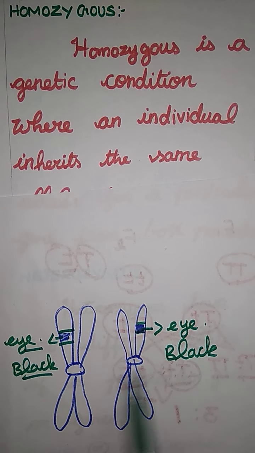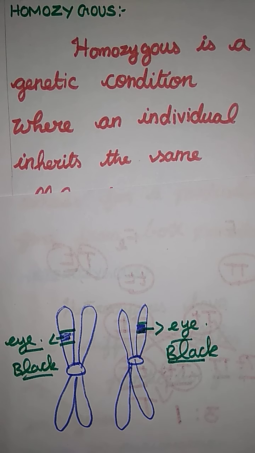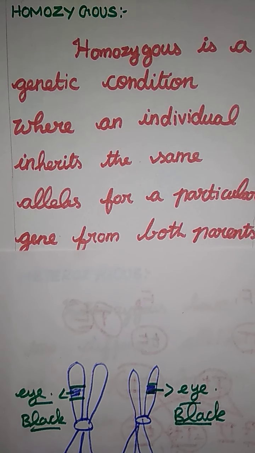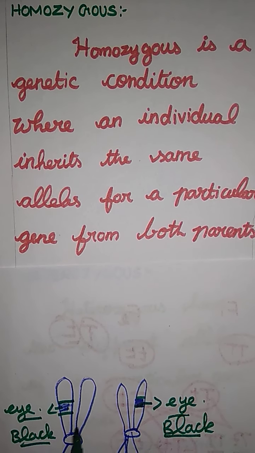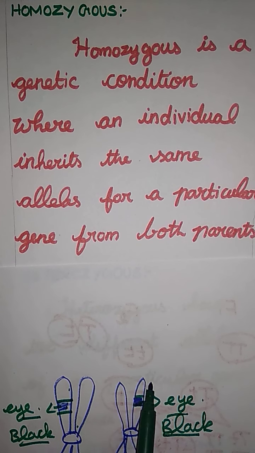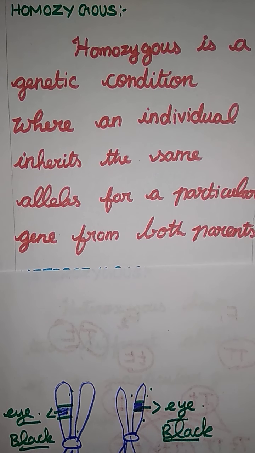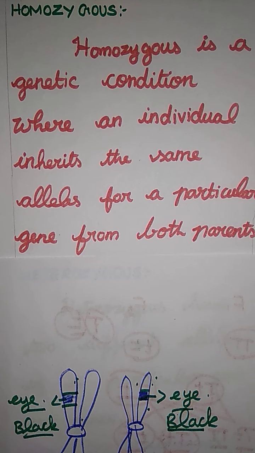Eye color is black, eye color is black, the same alleles of a particular gene from both parents. This is one parent and this is another parent. So both parents are known as homozygous.